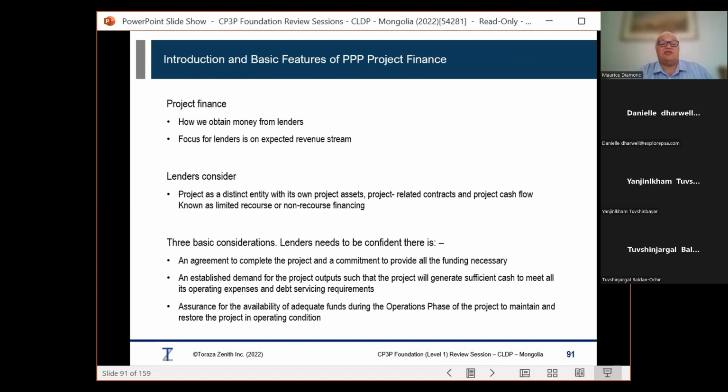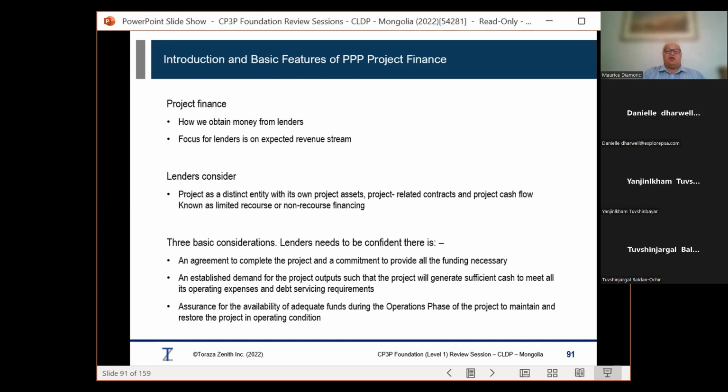The focus for lenders is on the expected revenue stream. Lenders consider the project as distinct, with its own project assets, project-related contracts, and project cash flow. So lenders need to be confident that there is an agreement to complete the project and a commitment to provide all the funding that will be necessary.